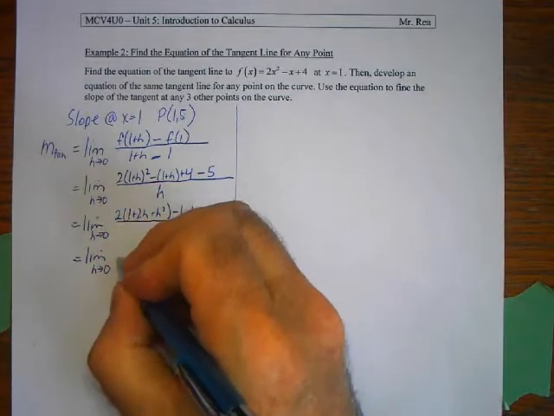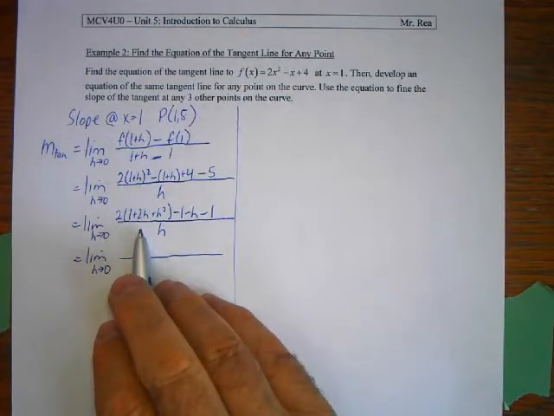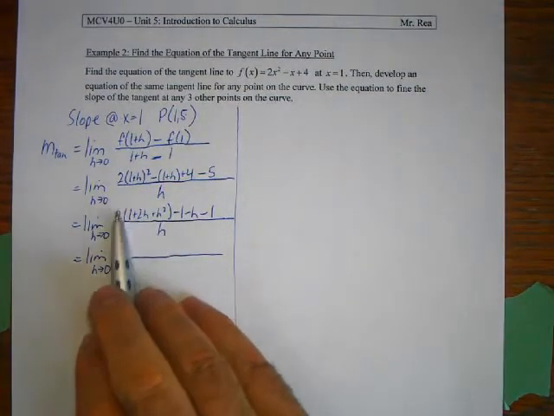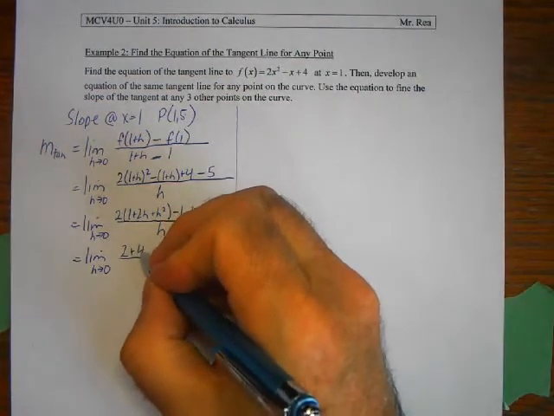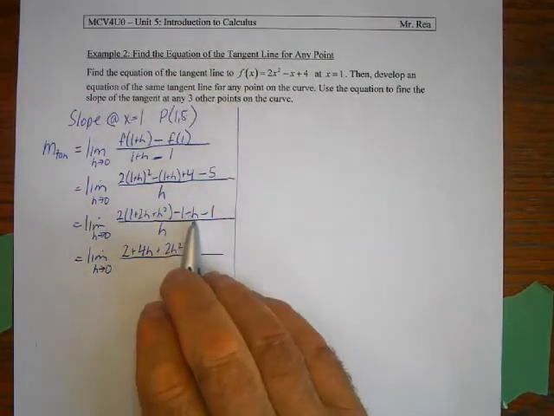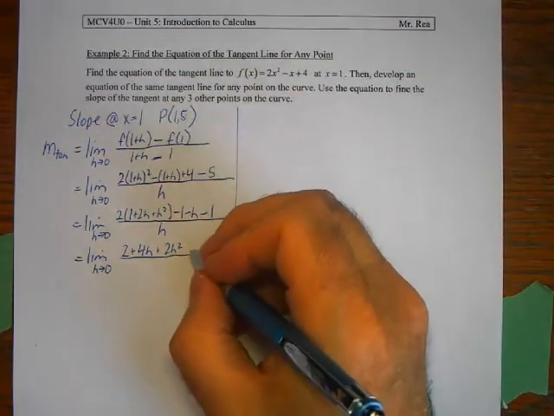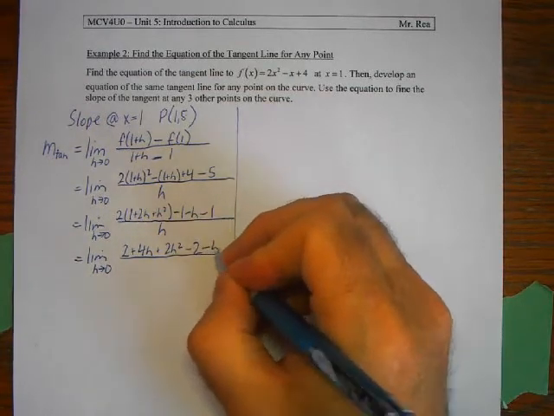Now, what I'm going to do is expand the brackets here. So I get 2 plus 4h plus 2h squared. I can put these two minus 2's together, so 2 minus 1's, and I get that over h.